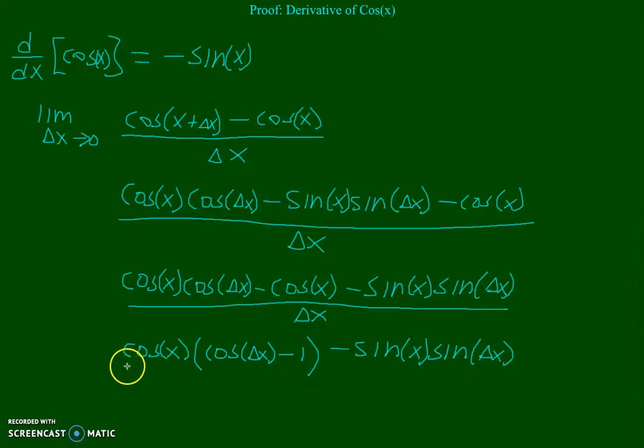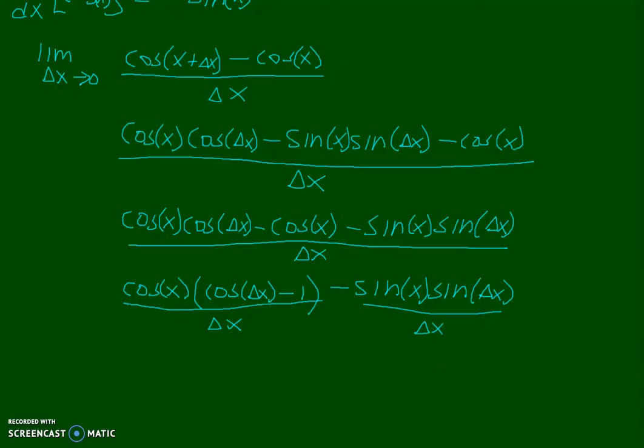Okay, and in this case, now, just like we had with the derivative of sine, we're going to have an opportunity here to utilize some special limits. So first we're going to put this over delta x and this over delta x. And let's give ourselves a little more space. And I'm going to factor out a negative 1 out of this.